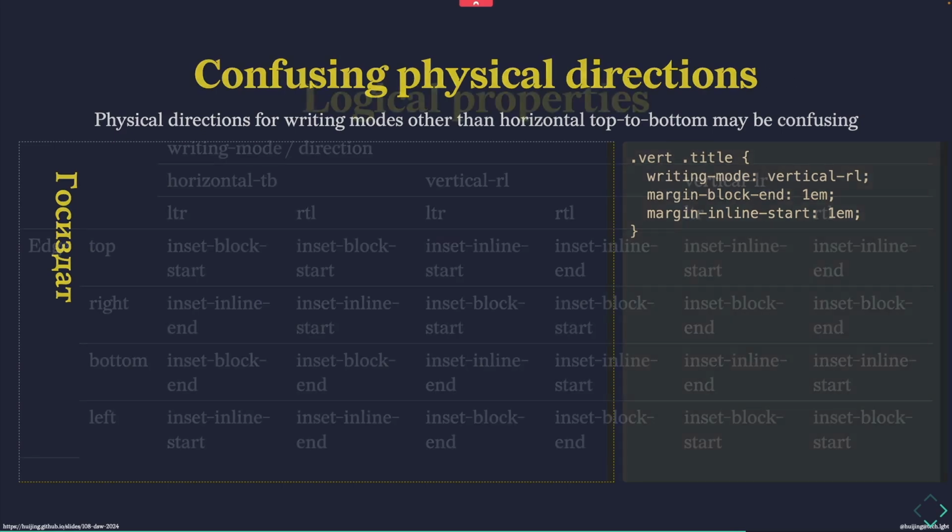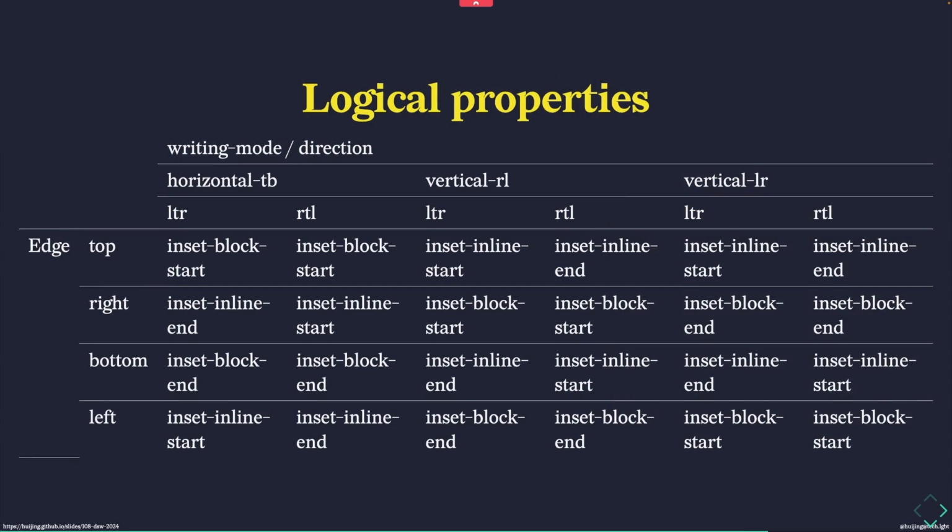It's a whole thing. But basically, this is the mapping for positioning. Like I mentioned, I've already stopped writing physical directions in my CSS since logical properties have achieved baseline status.